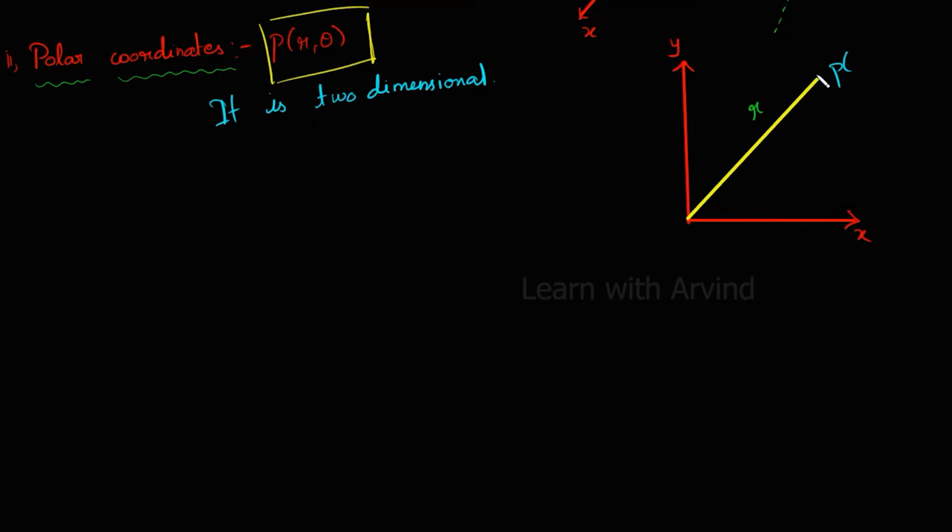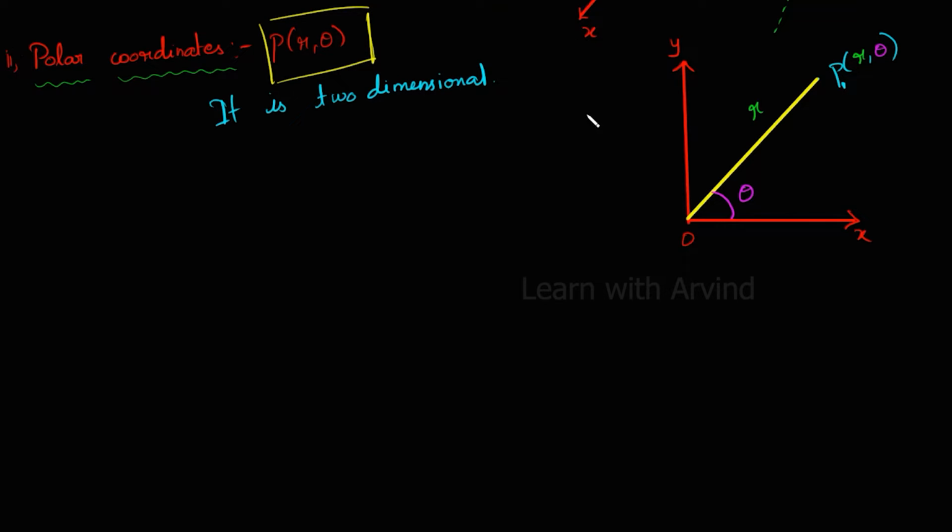This is the first coordinate, and it makes an angle theta with the reference axis x. So if you are given just two coordinates, the distance and the angle theta, then we can specify the location. This is what polar coordinates are.